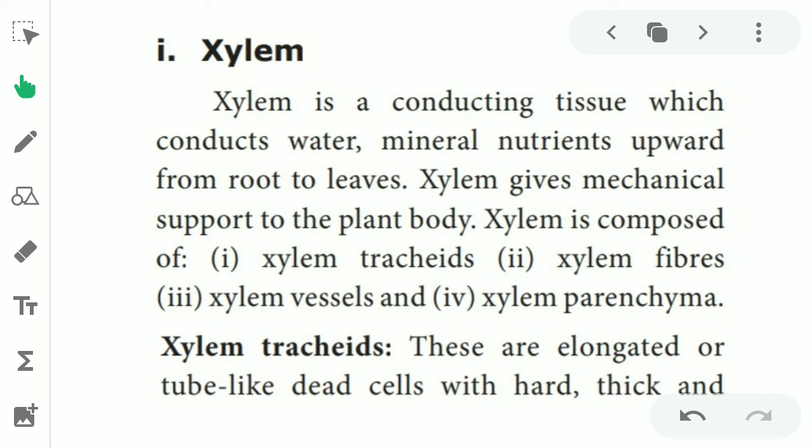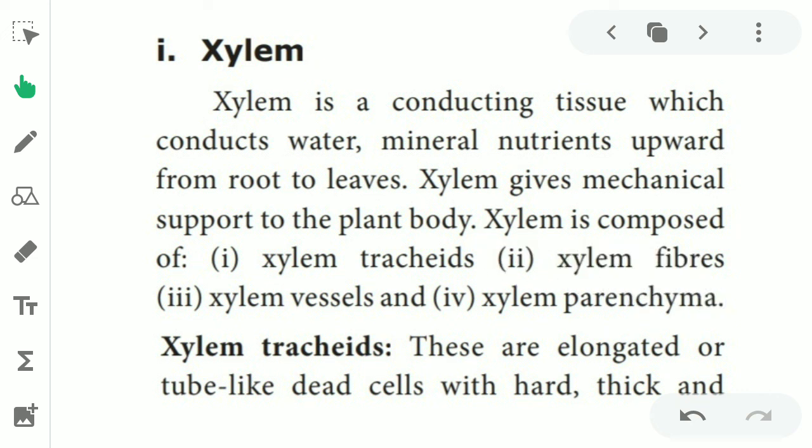That water and those minerals are transported to the aerial part of the plant, that is conduct. Xylem gives mechanical support to the plant body. Mechanical support means the plant has to stand erect, stand straight. That is given by xylem tissue.